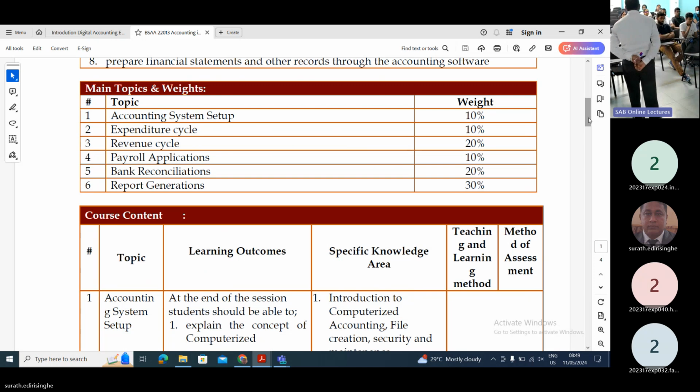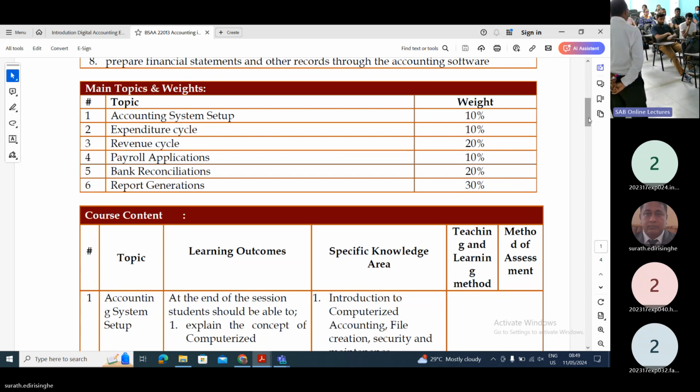Now, how we teach and study and evaluate your knowledge. Students, look at the topics and weight. In topic number 1, accounting system setup.